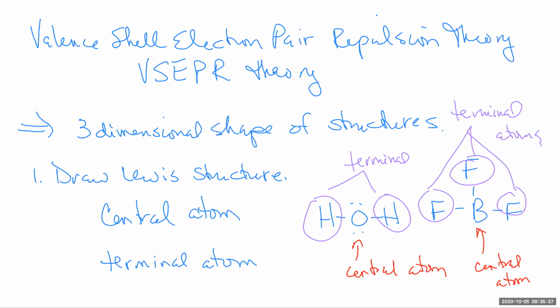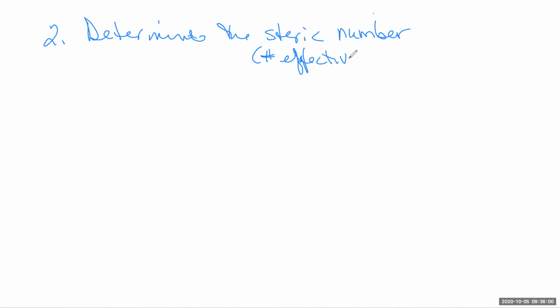The second step is to determine the steric number. Some people don't like to use this word steric number. Some people call it number of effective electron pairs.